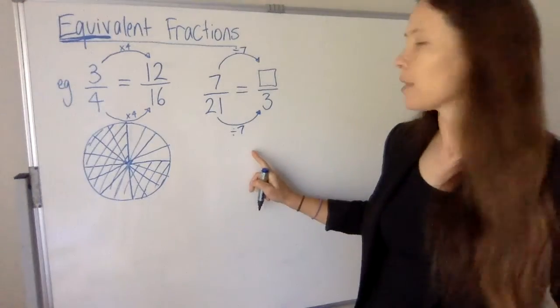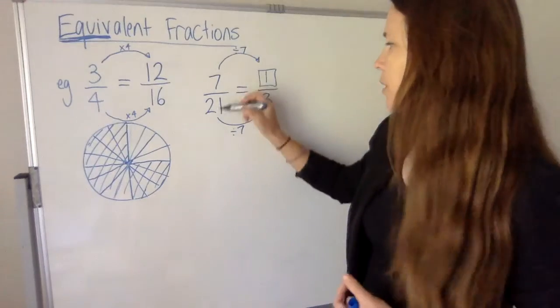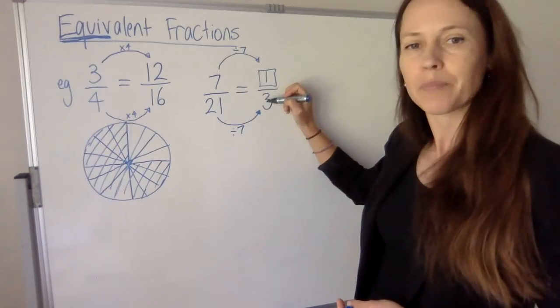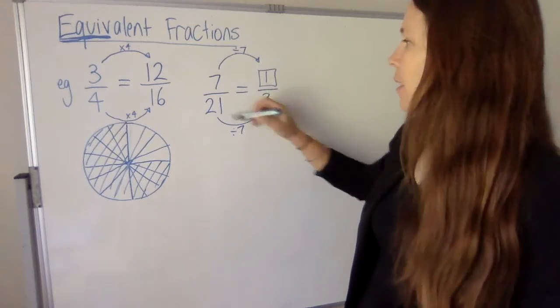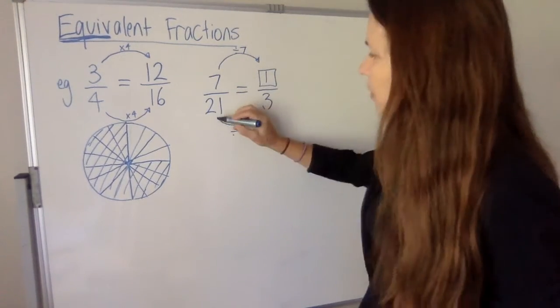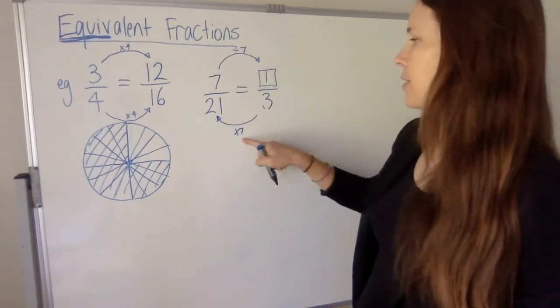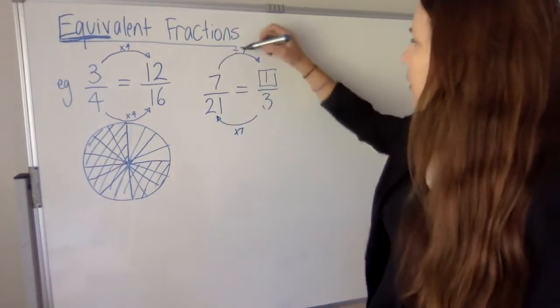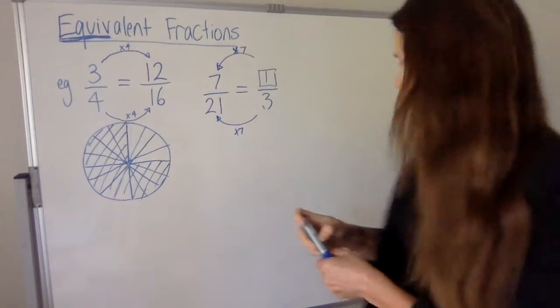And here we're dividing by 7. 7 divided by 7 is 1. So I can tell that 7/21 and 1/3 are the same. Now, if I'd been given 1/3 and had to figure out how many 21s that would be, I could say I'm going to multiply by 7, going in this direction, because 3 7s are 21. So 1 times 7 is 7. And that's the way it works.